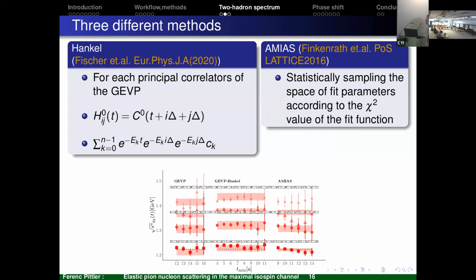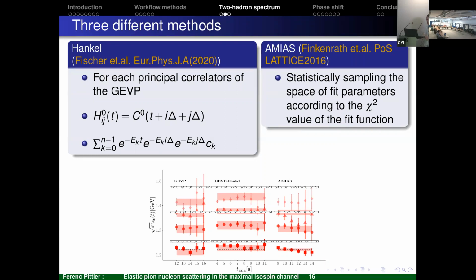The second is the so-called Hankel method, and the third is the analysis which is basically just statistically sampling fit parameters according to the chi-square value of the fit function. Here I compare the three methods with each other, and you can see that there is a nice agreement between them.